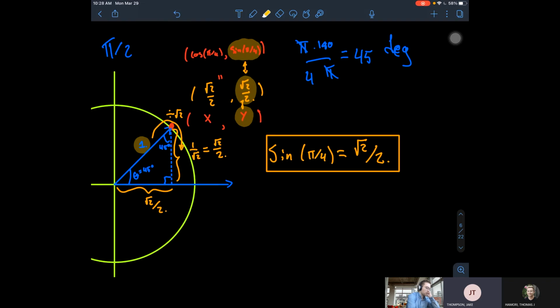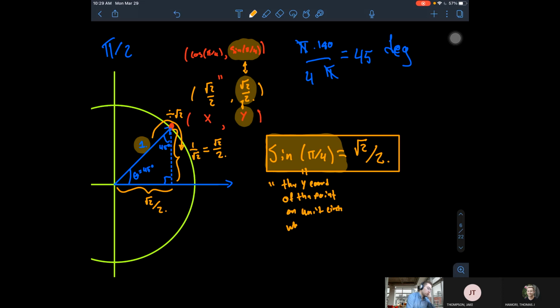Okay, so let me just remind you, the way that this final statement reads is the following. The left-hand side says sine of pi over 4. What it says really is the y coordinate of the point on the unit circle, which is pointed to by the angle theta equals pi over 4.